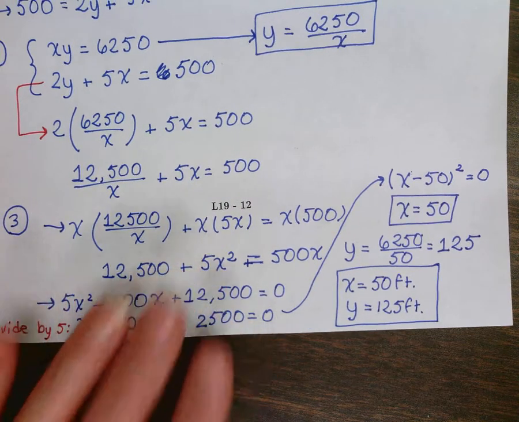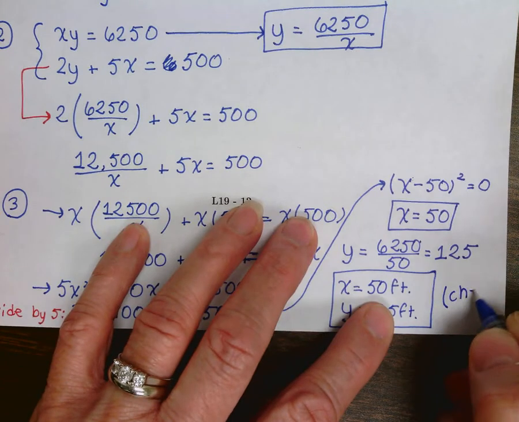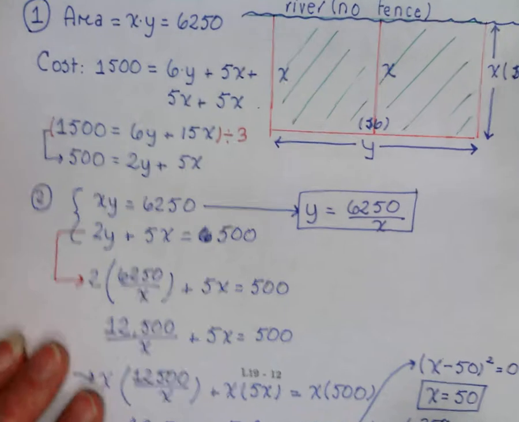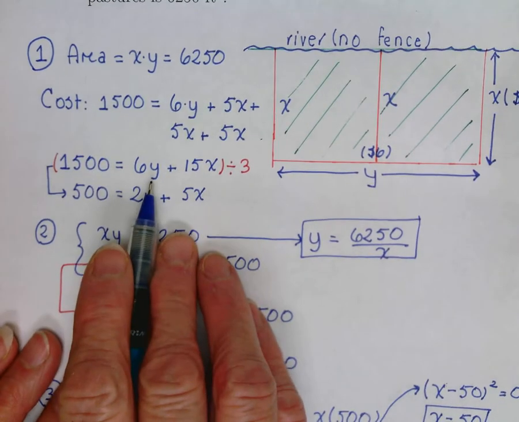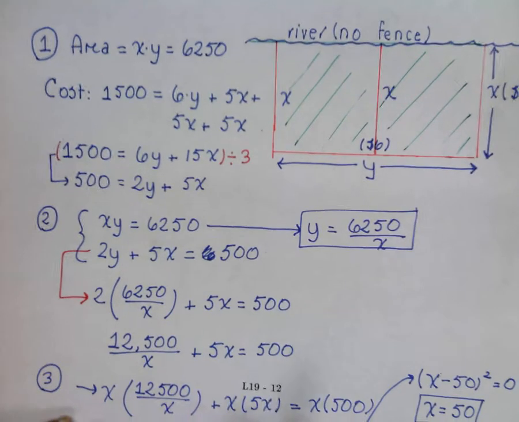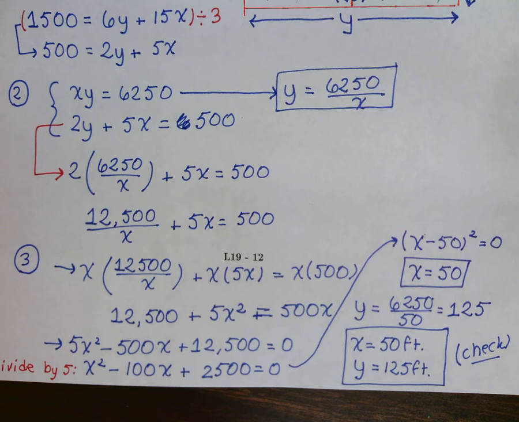I'm going to leave the checking step to you. To check, you go back to this equation and plug in and make sure that it works, and it will. That system of equations is where we'll end. That's all that we'll be responsible for Lecture 19. Thank you.